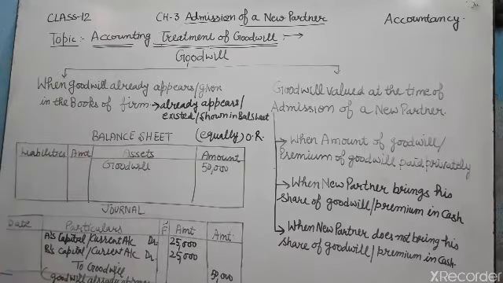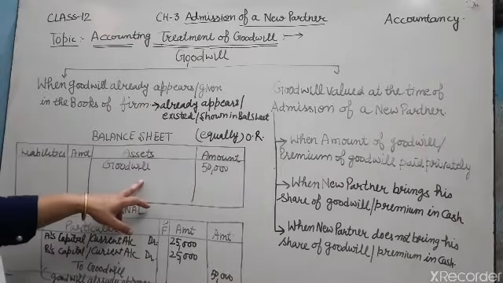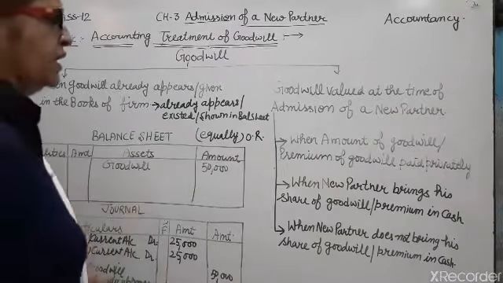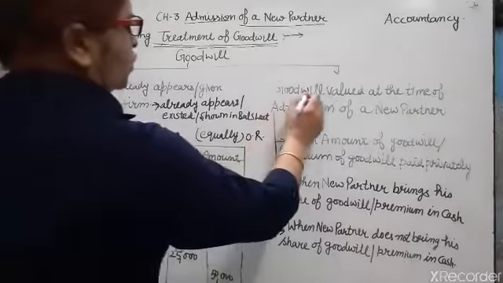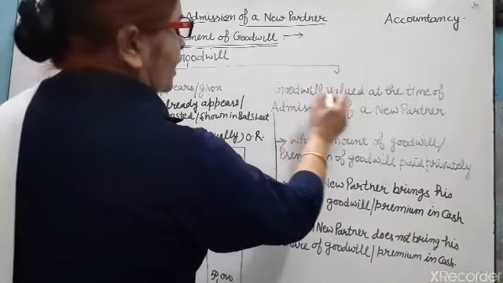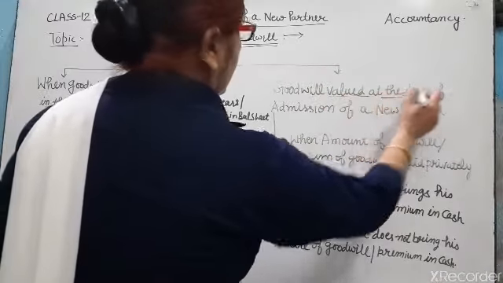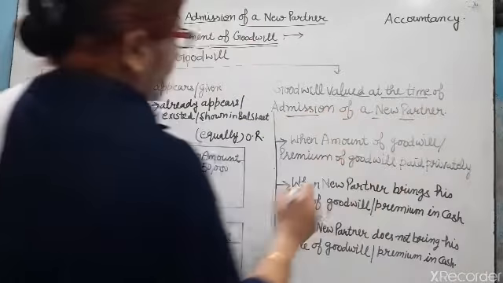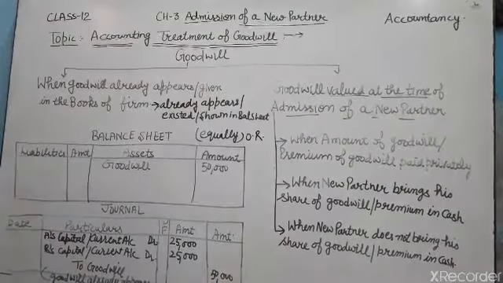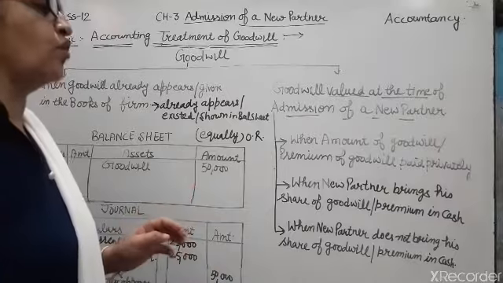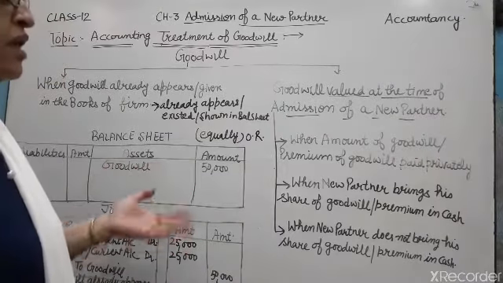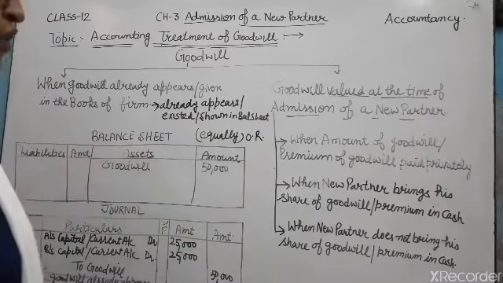Before admission of a new partner, first of all we write off the old goodwill which is given in the balance sheet. And after that, the new partner is admitted and goodwill is valued at the time of admission by the different methods which were given in the last videos.